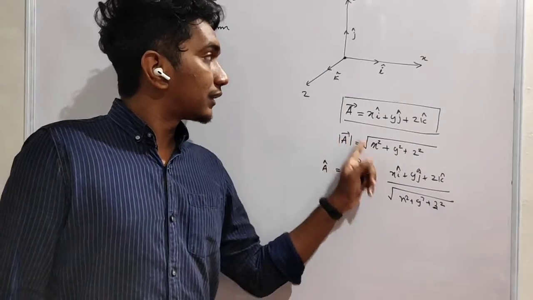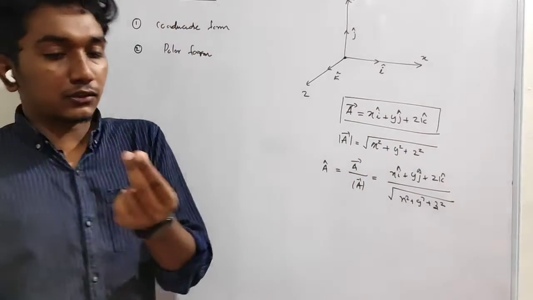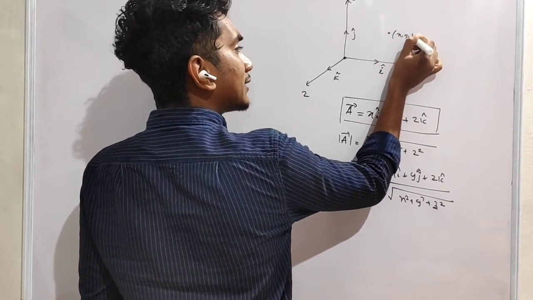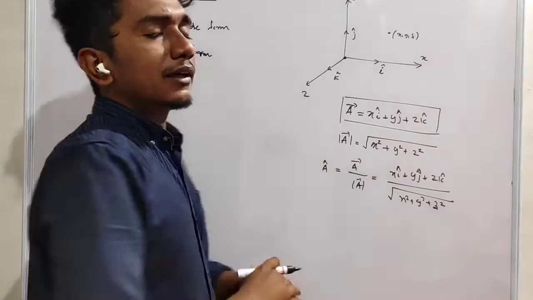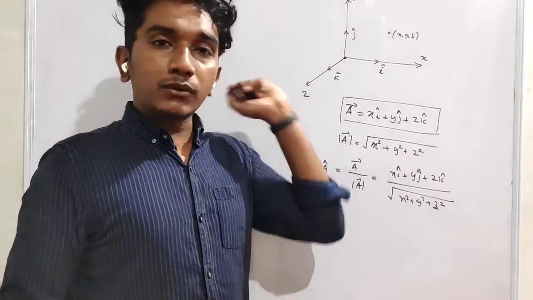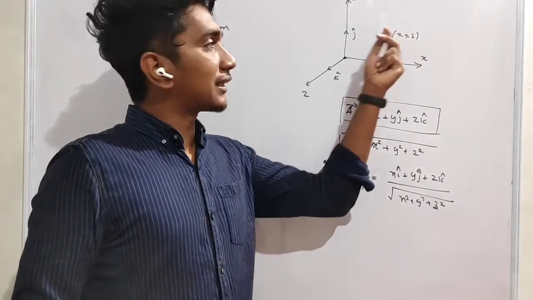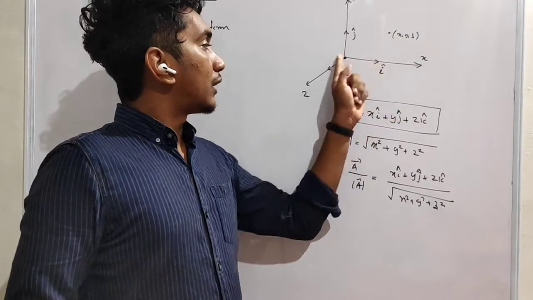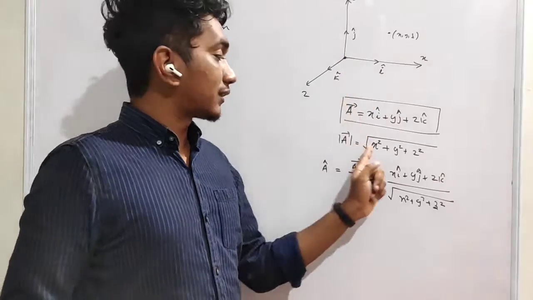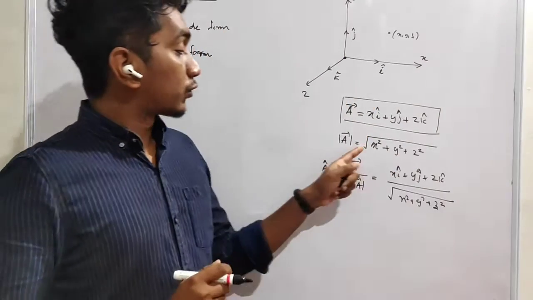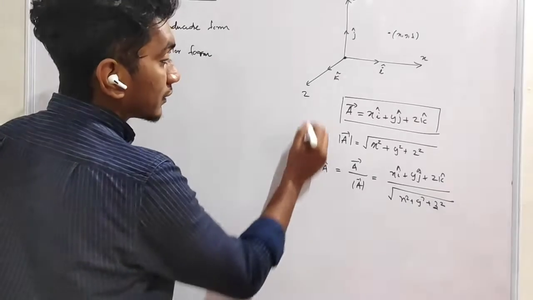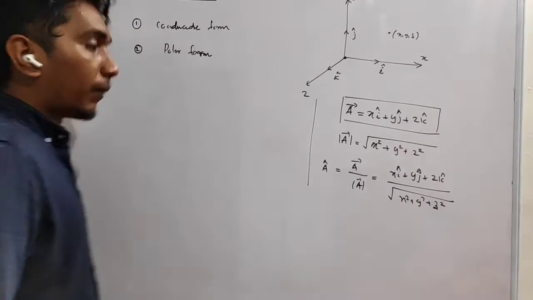Suppose here is a point x, y, z. It is not an xy plane, it is three-dimensional, somewhere here. So the distance from the origin is the magnitude, root of x square plus y square plus z square. So this is the coordinate form.